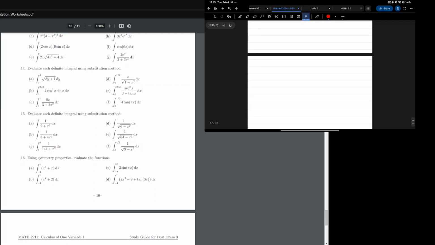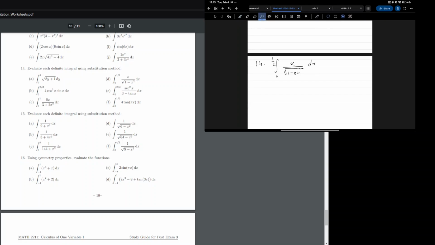14d. Let me copy it down, and then I switch the whole thing back again. So 14d is 0 to 1 over 2. Is it 1 over 2? 1 second, where's the projector? 1 over 2, yes. And x over root of 1 minus x squared dx.